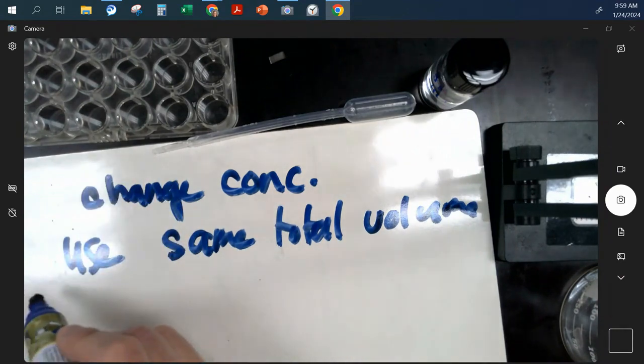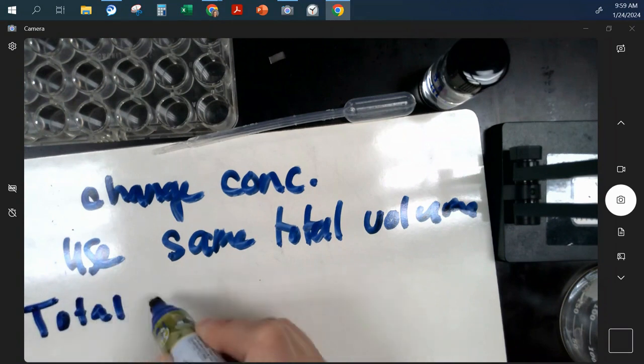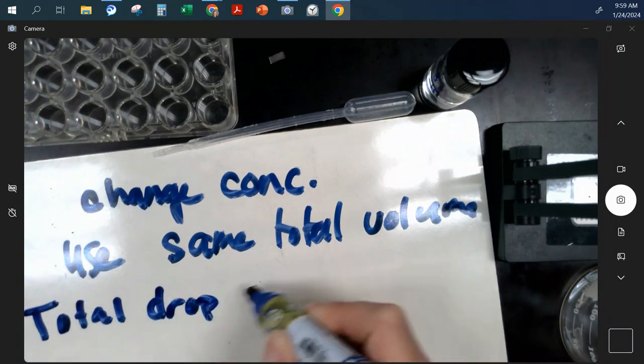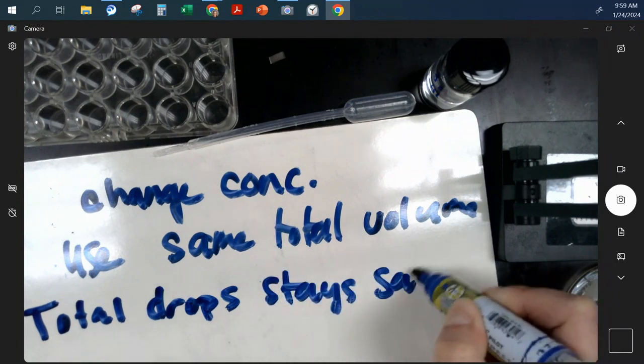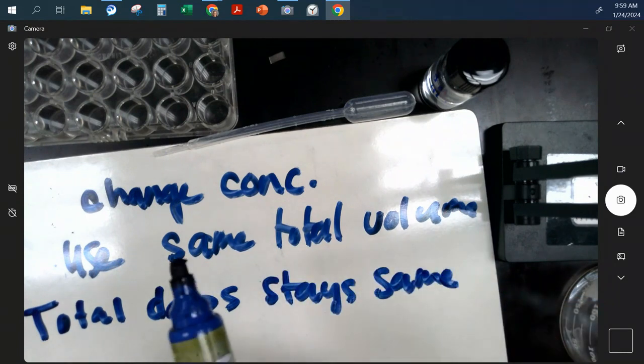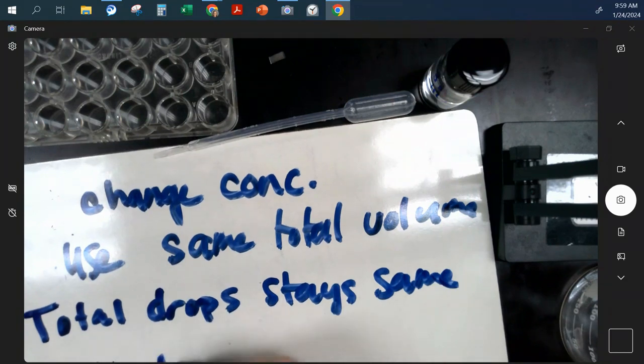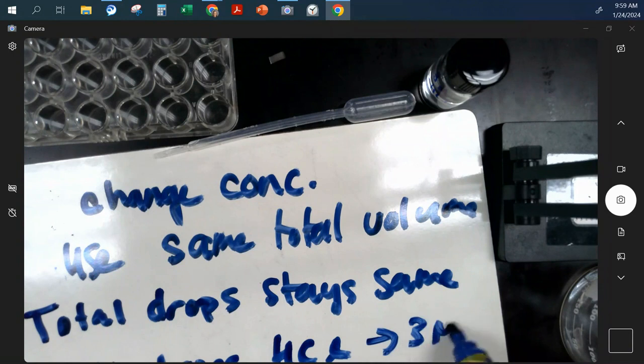So like total drops. So total drops should be the same. And then if I'm changing the concentration, for example, if I do 40 drops of hydrochloric acid, then that's going to be the most concentrated. That will be 3 molar.